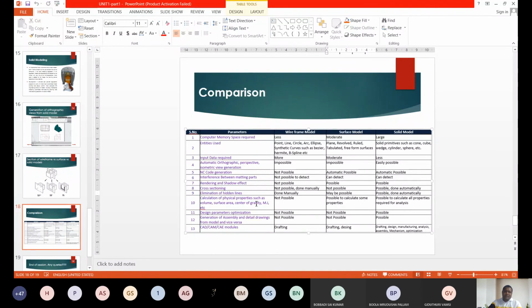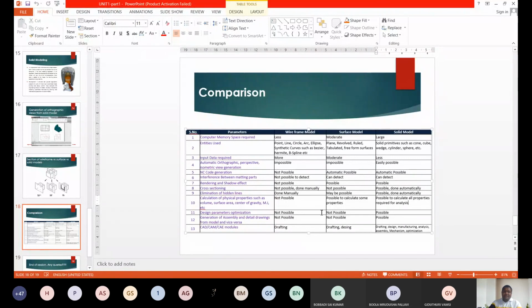Now calculation of physical properties such as volume, surface area, center of gravity, moment of inertia: such things are not possible to calculate in case of surface models. Surface related information can be calculated, like surface area or area moment of inertia, all area related information, whereas any kind of property can be accommodated if you use a solid modeling technique.